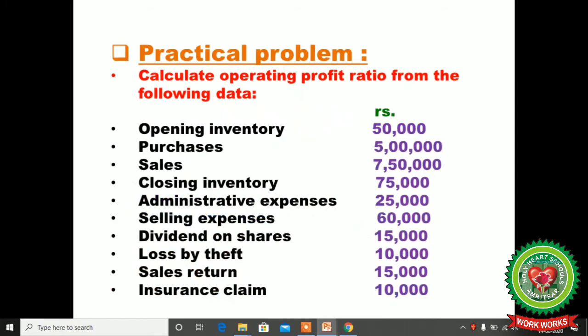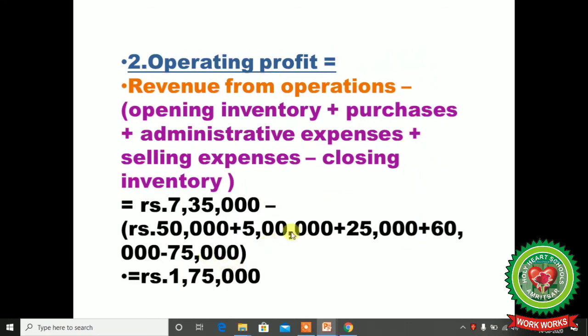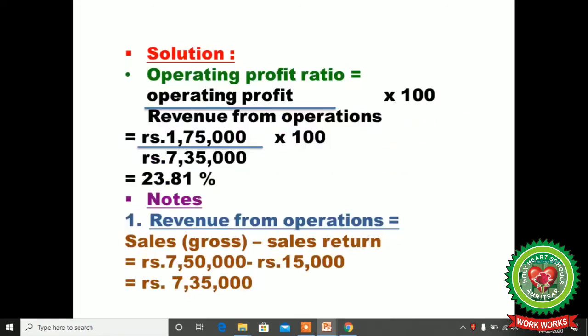First, the opening inventory is 50,000, so record 50,000. Then purchases 5 lakh. Then administrative expenses and selling expenses 25,000 and 60,000, minus 75,000 closing stock. So we get 1,75,000 as the amount of operating profits.